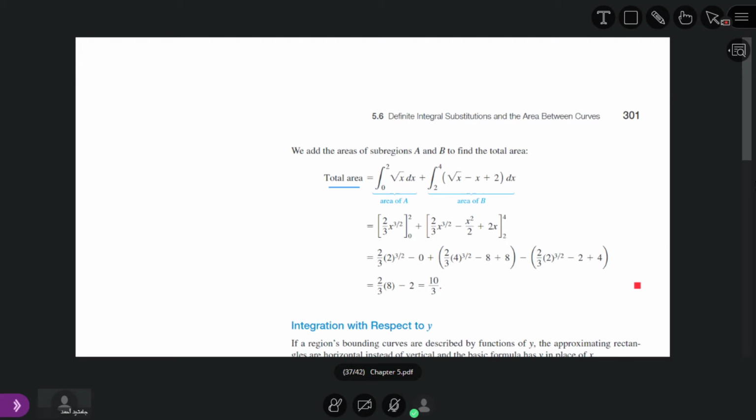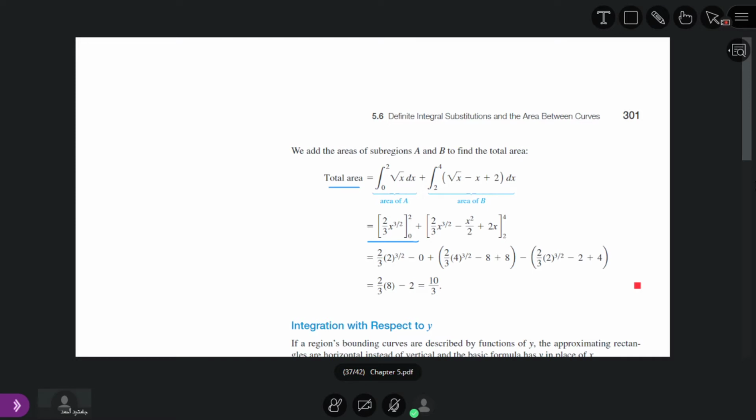What is the antiderivative of x power 1 by 2? We increase the power by 1, so x power 3 by 2 divided by 3 by 2, which becomes 2 by 3. So we get 2 by 3 x power 3 by 2.